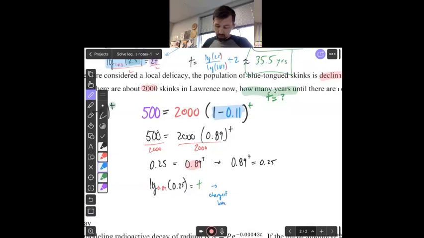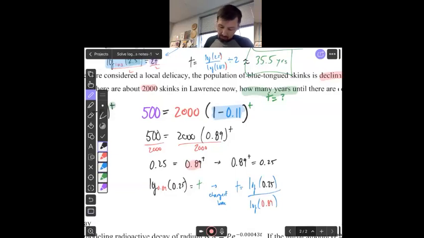To figure this out, t is going to equal log of something over log of something, and that base always goes to the bottom. So 0.89 at the bottom, the 0.25 will go to the top.